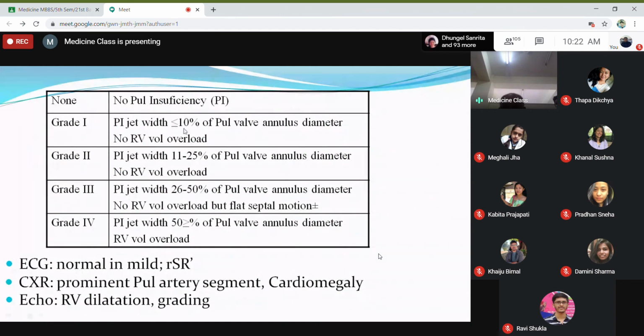You don't have to know about these gradings, but in ECG you may have very few changes. The pulmonary artery segment will be prominent, and there will be cardiomegaly, and echo is the one which will be very helpful to diagnose the lesion.